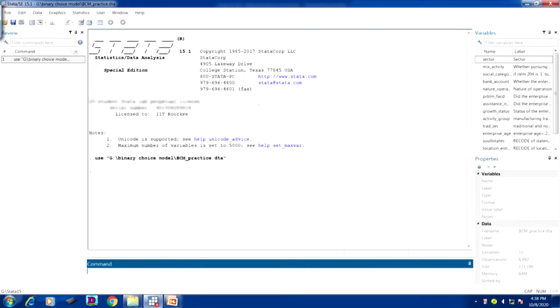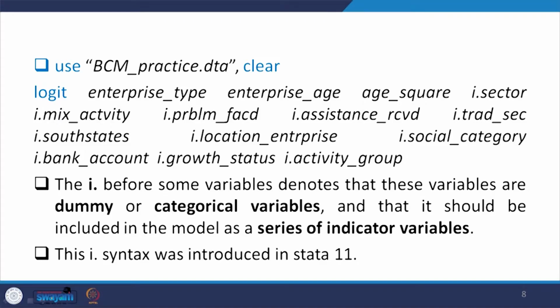I told you already, this has already been opened on the screen. Now, from the data we will first operate the simple Logit model. We will estimate that quickly.